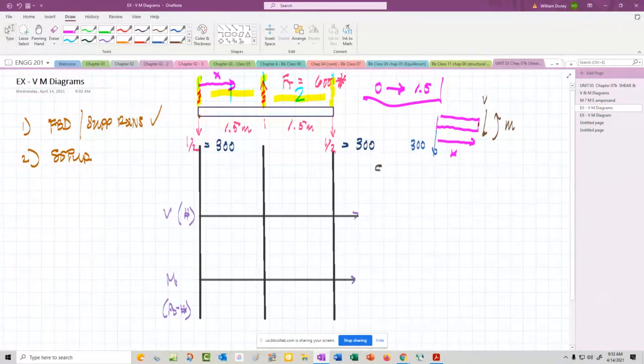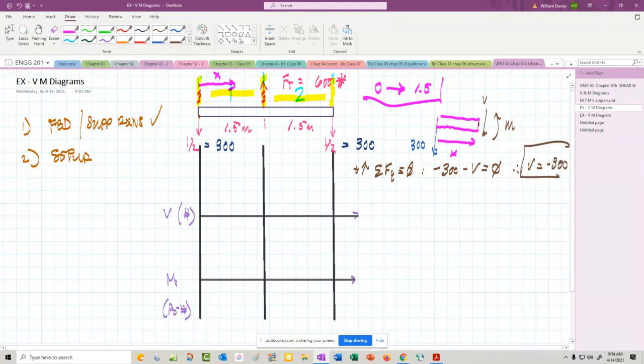So looking at this, we're going to sum forces in the Y direction. Positive up. We're not worrying about the X direction again, remember, because we're not doing axial load. And on this, we're going to have minus 300 minus shear equals 0. Therefore, shear equals minus 300. So what do I do with that?